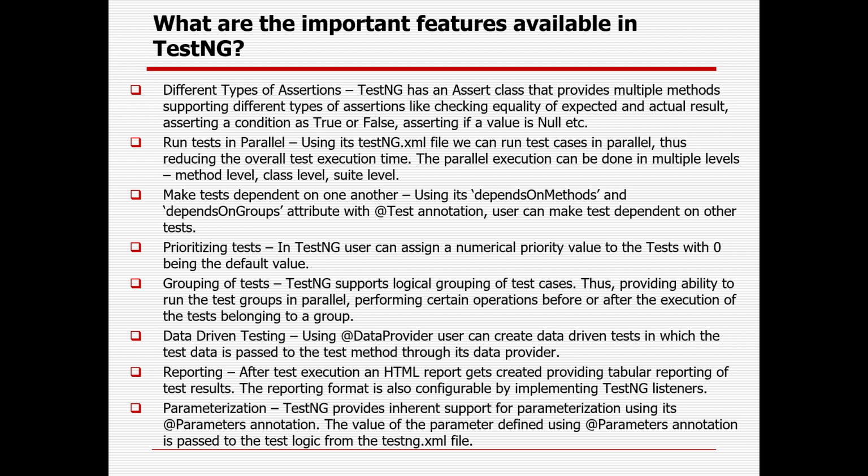Suppose 5 test cases from your smoke suite, 20 test cases from the functional suite, 10 test cases from the integration, 20 test cases from the end-to-end, remaining test cases for the UAT, or maybe you can group test cases on the application type. So based on a requirement, you will try to run the test cases. Once grouping is done, you can call the group and then your test cases will be running.